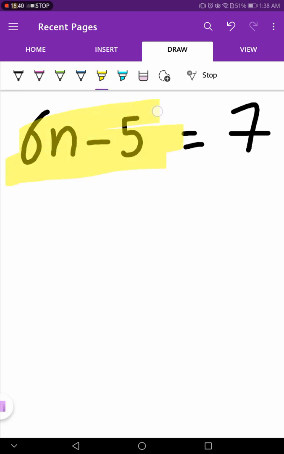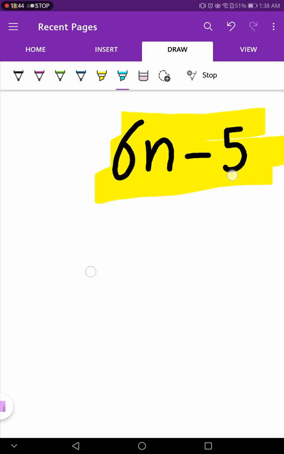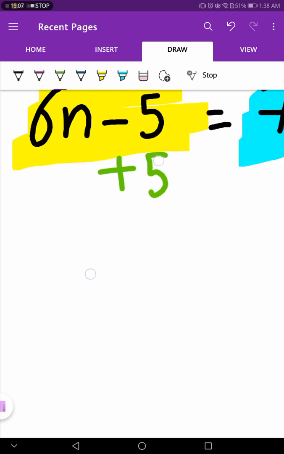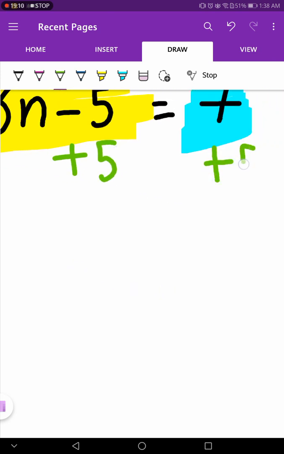Again, left and right. You move here. You don't have any like terms to add or subtract. You don't have parentheses to break. Okay, you only have 6n minus, or negative, 5, and you have to eliminate the negative 5 by adding 5 on this side, and to keep the balance you have to add 5 here.